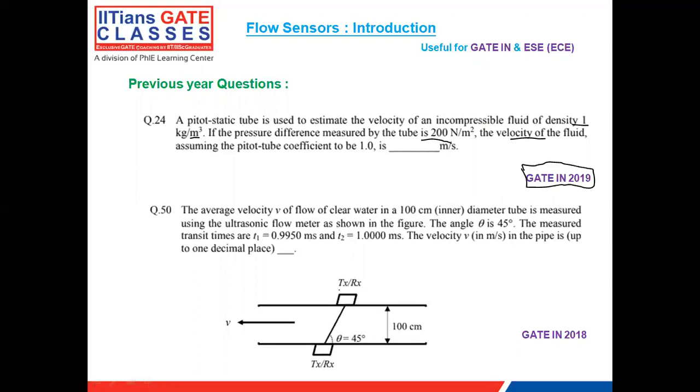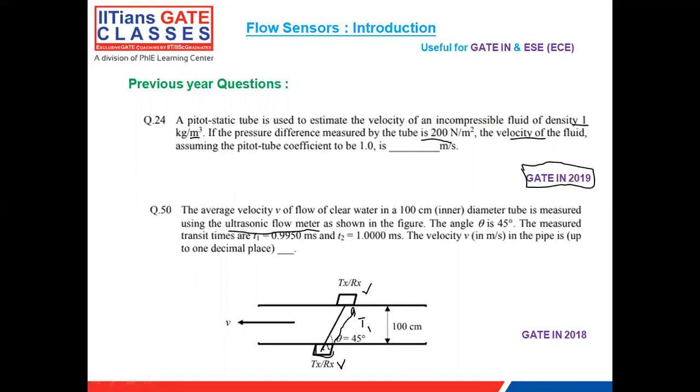Next, in 2018, the question is asked from ultrasonic flow meter. This is also one of the most important topics. Here you are placing one transmitter and receiver. First you send some signal from the transmitter to the receiver. Whatever time it takes, we calculate as t1, knowing the length, since speed equals distance upon time. Next, the receiver now acts as a transmitter.